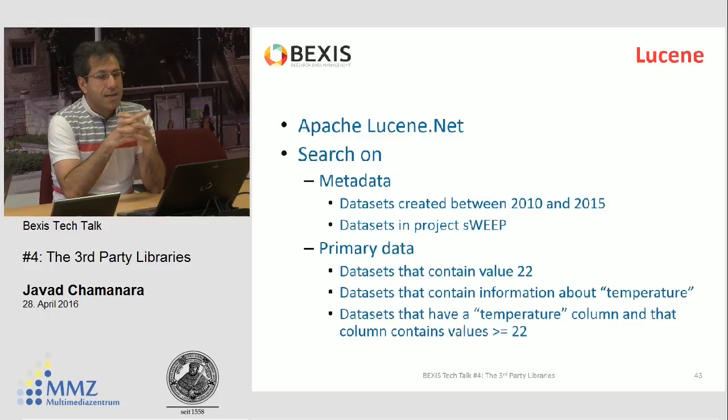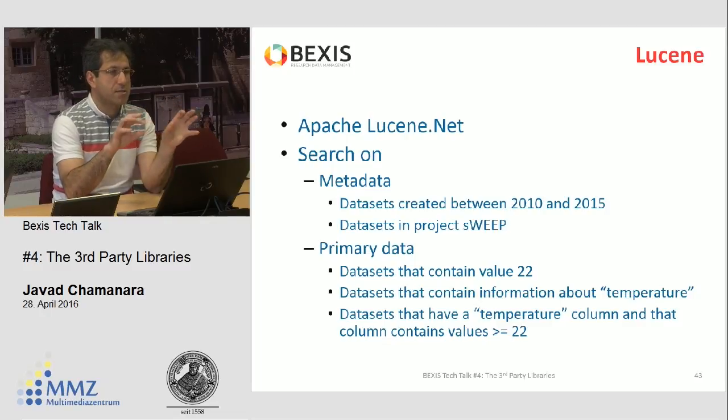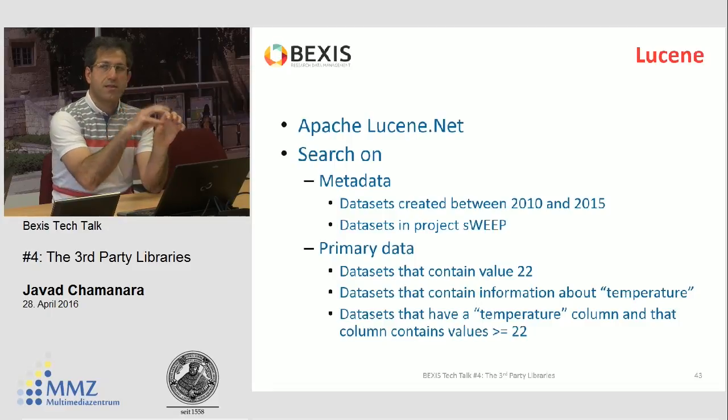Then as the latest, or the last, library here, we are using Apache Lucene for our search mechanism. BEXIS actually is a data management platform. Alongside the data, we also collect metadata that is describing that data. And then to make the data sets recoverable, reachable by the end users, we have provided a search mechanism on this metadata.